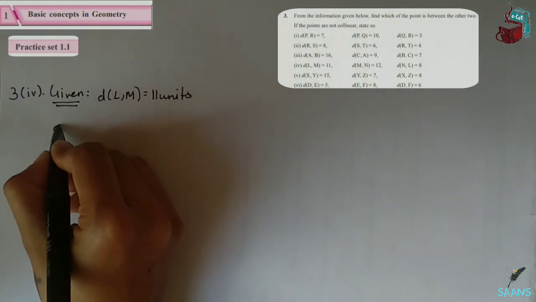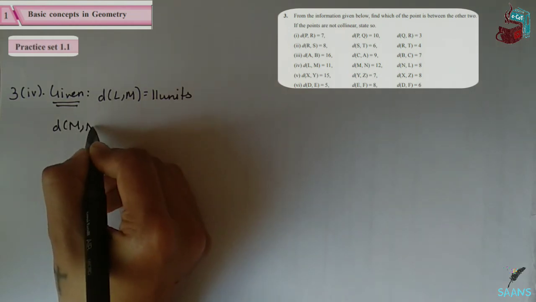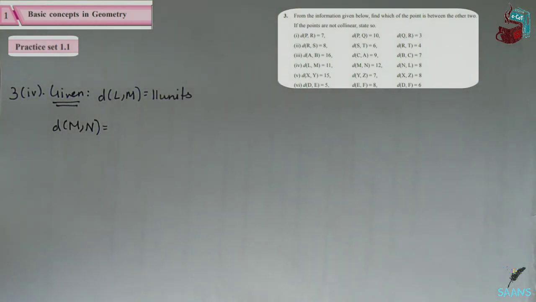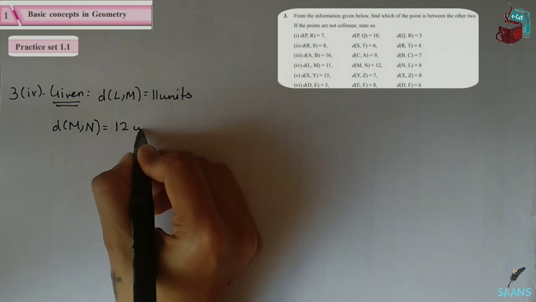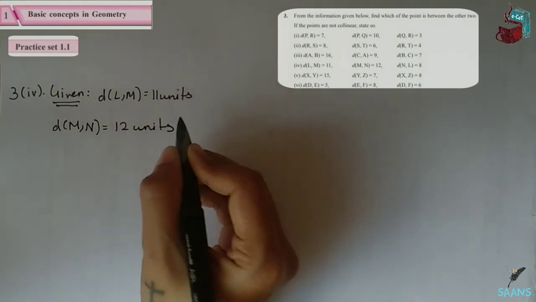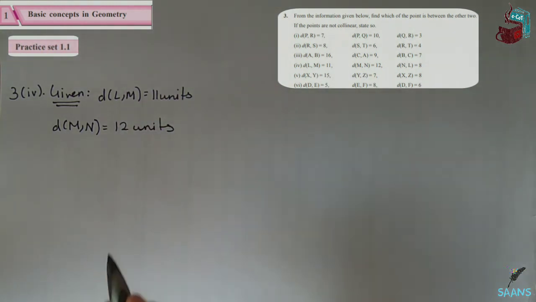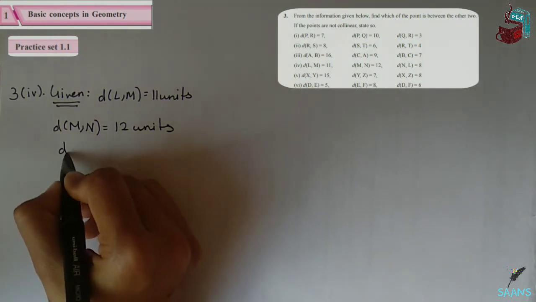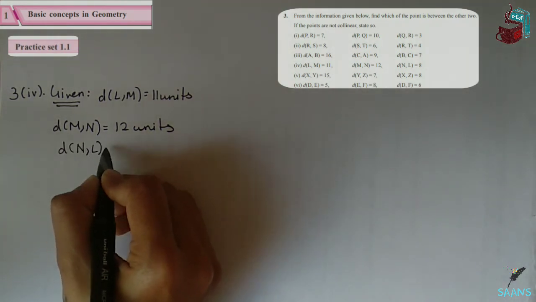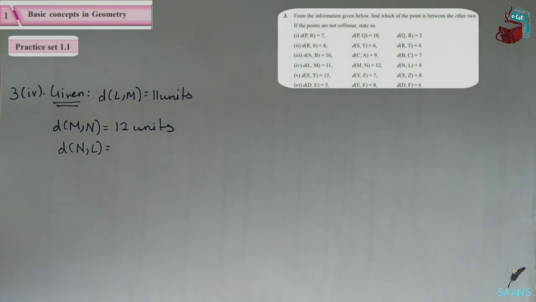Distance MN is equal to 12 units. And last one, given distance NL is equal to 8 units.